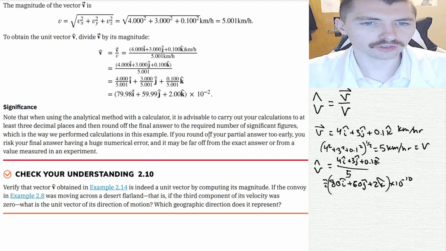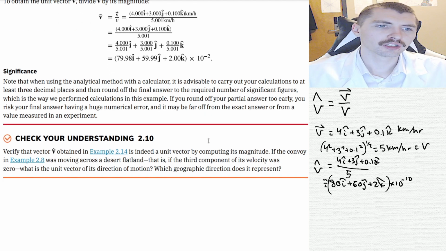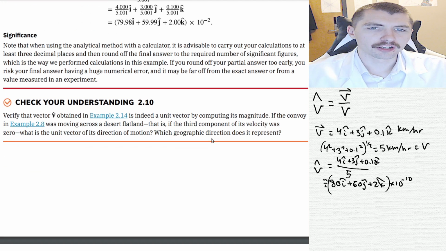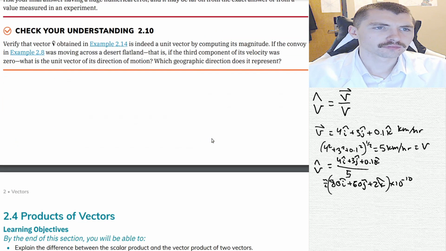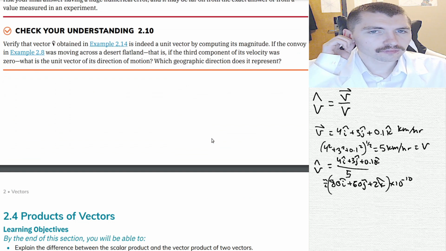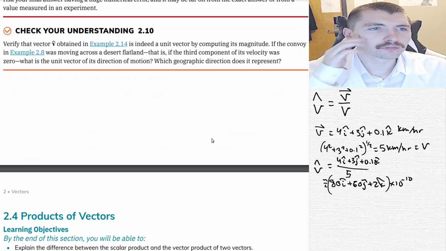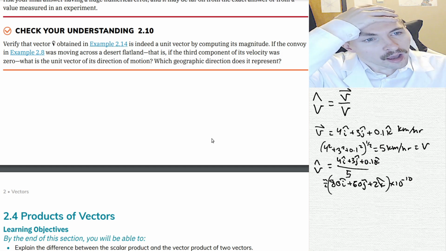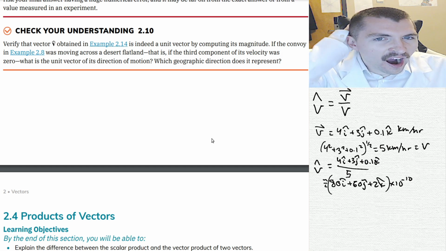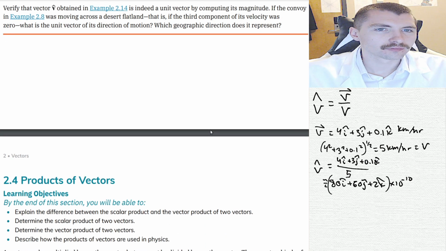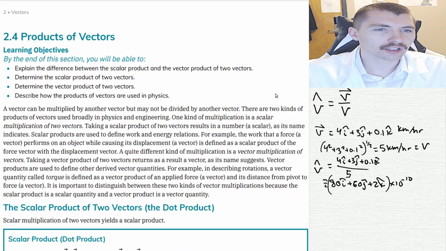If you round off your partial answer too early, you can have a bad error. I don't like the convoy question, so I'm just going to skip that one.